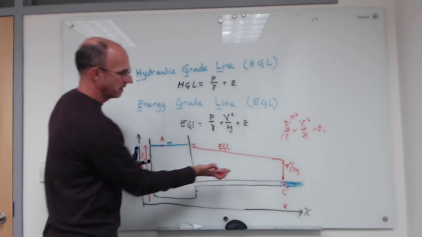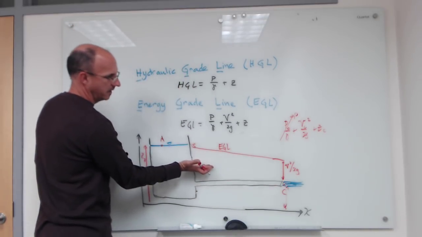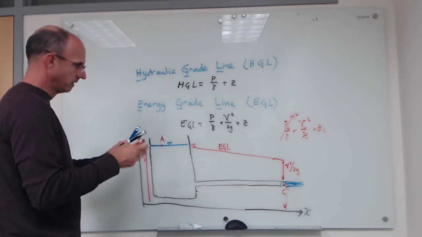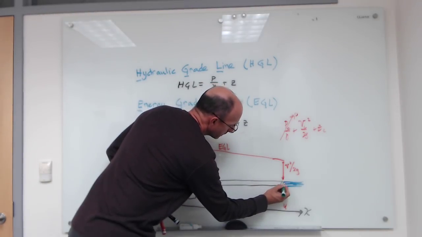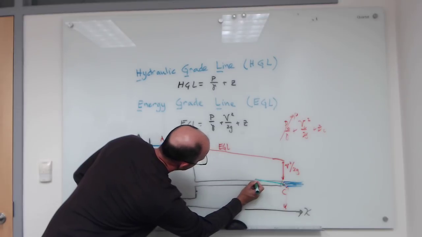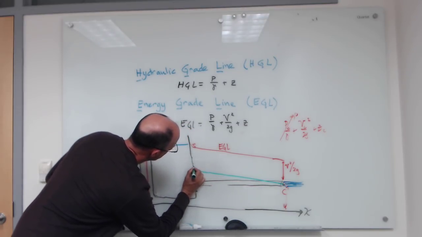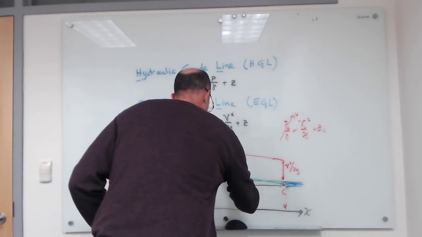So the difference between the EGL and the HGL is always V squared over 2g. So that means that the HGL will always be underneath the EGL by an amount equal to V squared over 2g. So I'm going to draw that here. It's going to start in the center of the pipeline. It's going to be parallel. Okay. So this is the hydraulic grade line.